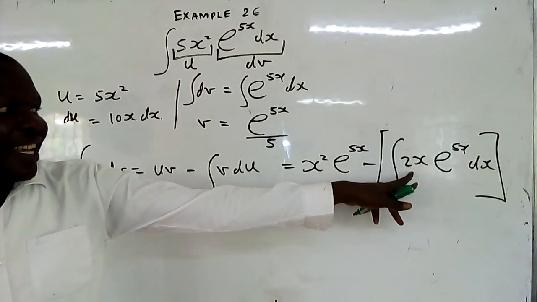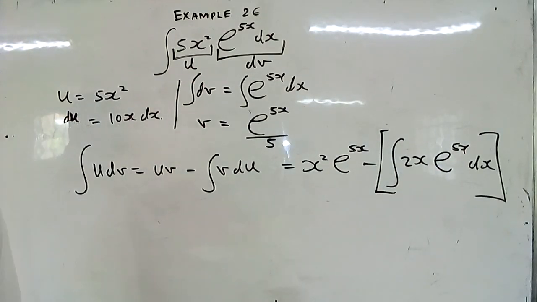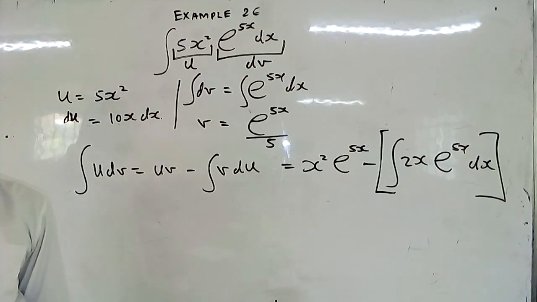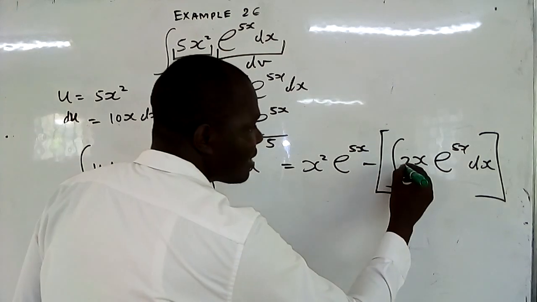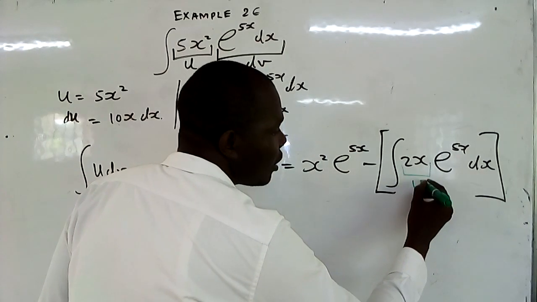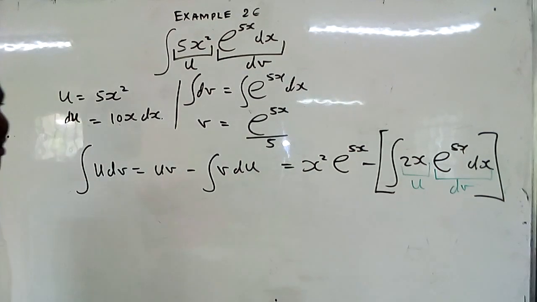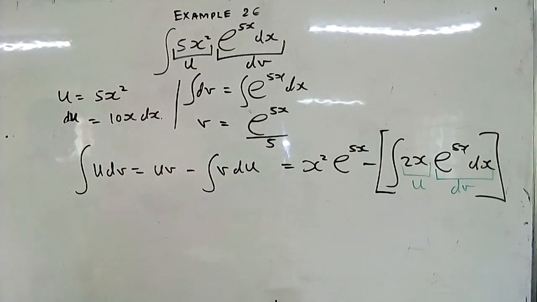So if you look at this, this is still integration by parts, because it is still a product of two functions, isn't it? So you let the first part, 2x, be u and exponential 5x dx be dv. Are you together? Tuko pamoja?